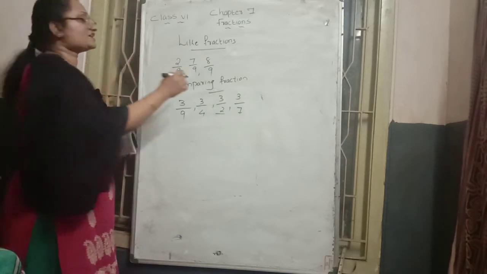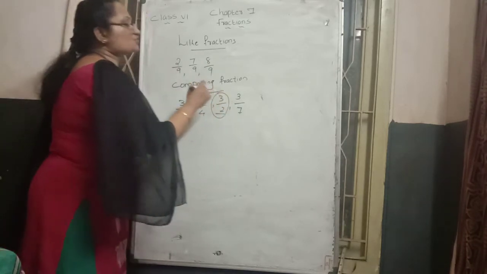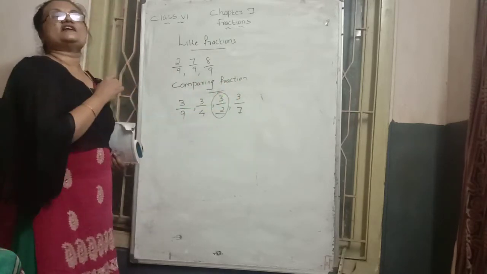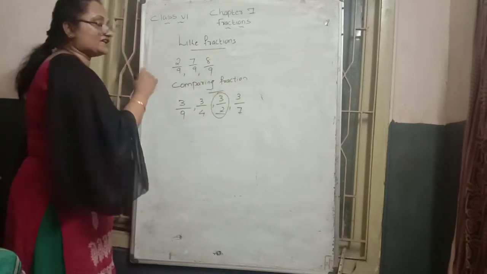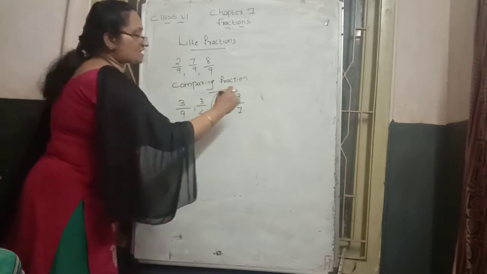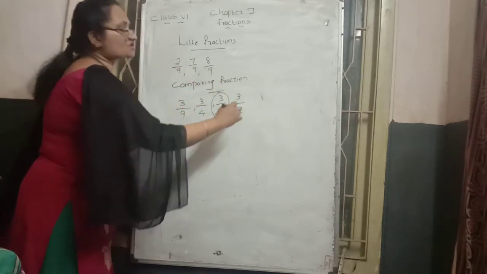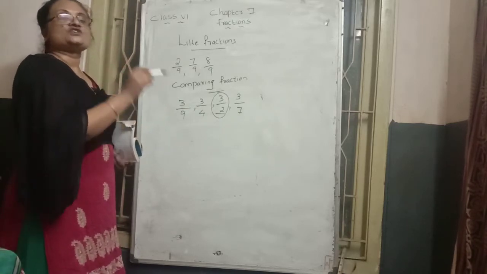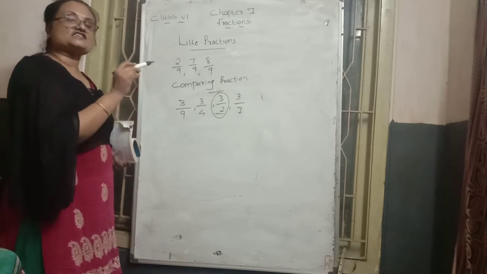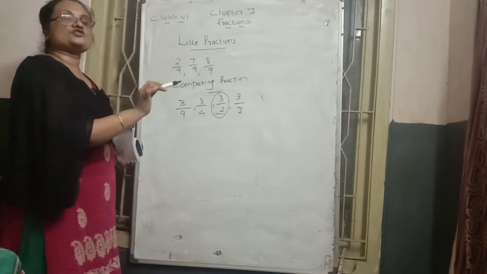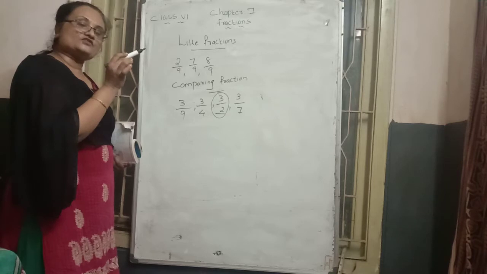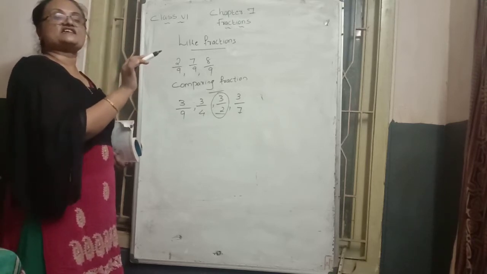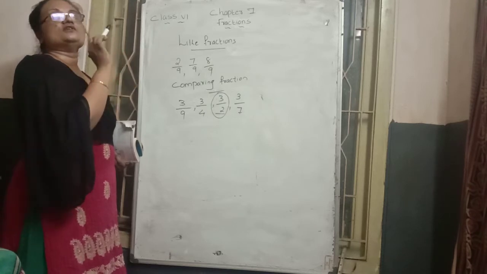That's why we can say the fraction 3 by 2 is the greatest fraction in this example. When the numerator is the same and the denominators are different, the fraction with the smaller denominator is the greatest fraction.